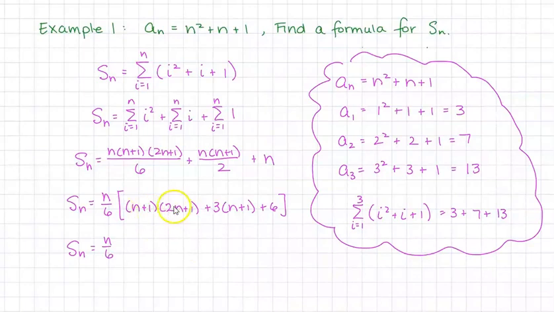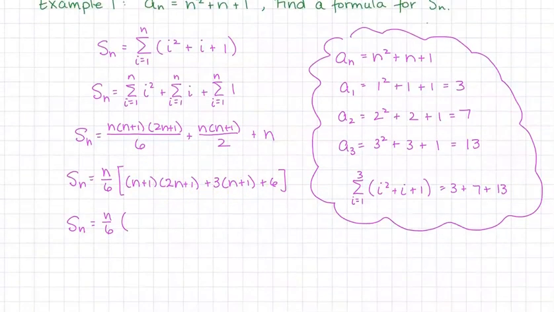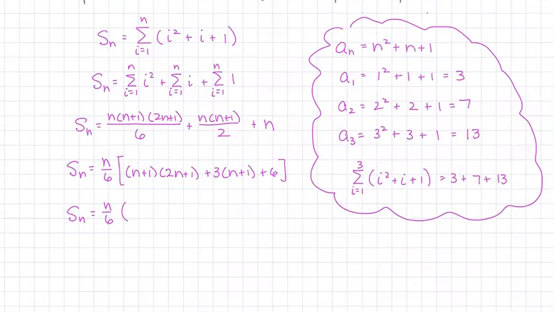So I'm going to multiply these two together. I'm going to have to FOIL them out, distribute the 3, combine like terms, and see if we can factor. We'll see. All right, so we'll multiply these two together. n times 2n is 2n squared. Then we're going to have 1 times n is n, and 1 times 2n is 2n. So n plus 2n is 3n.